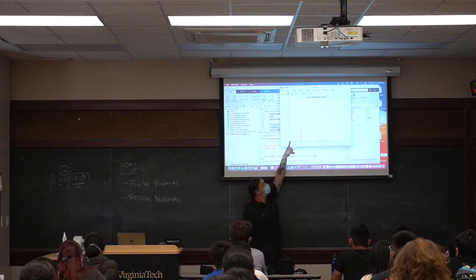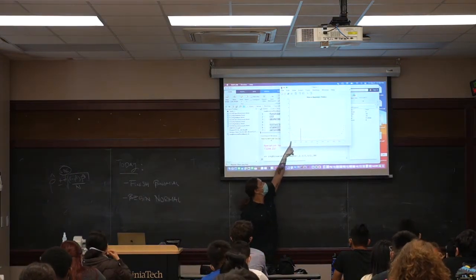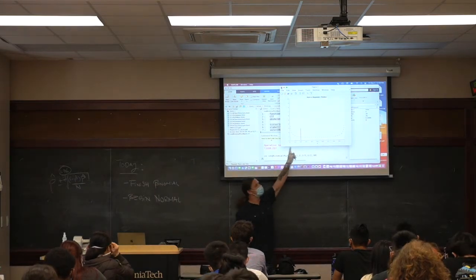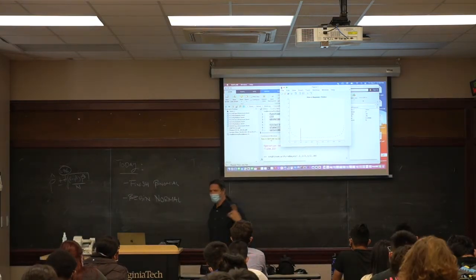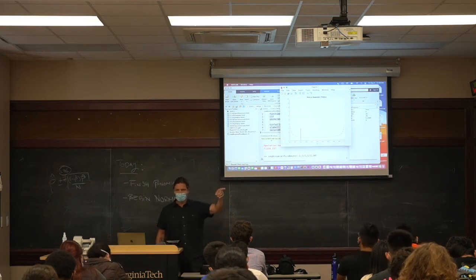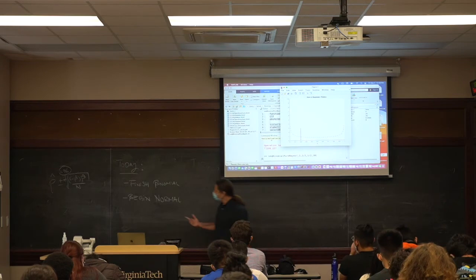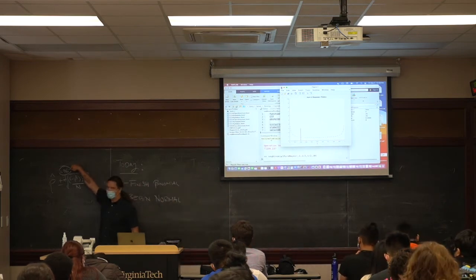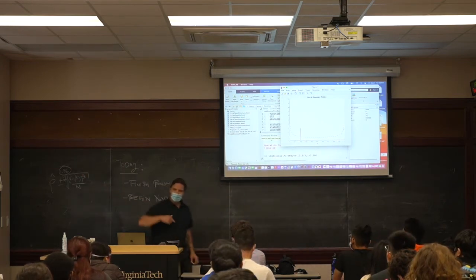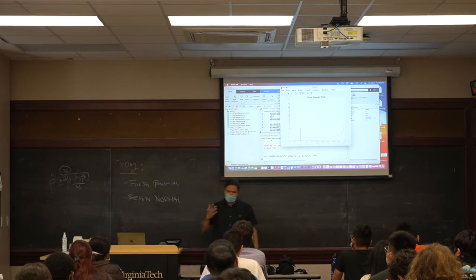If p was within 1% of the boundaries, so either less than 0.01 or bigger than 0.99, and this is supposed to be a 95% interval, I'm going to plug in 1.96.